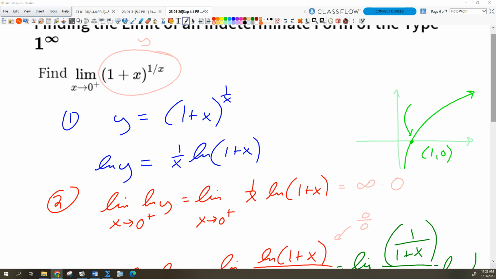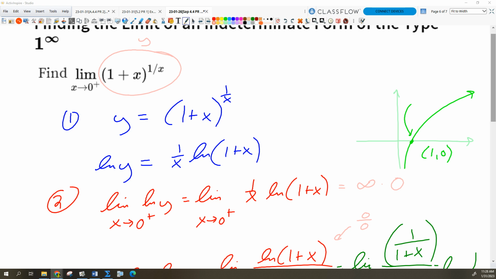Our goal here is always to manipulate this into the ratio form 0 over 0 or infinity over infinity. We have to do that to use L'Hopital's rule, because L'Hopital's rule is exclusively for evaluating limits with indeterminate forms 0 over 0 or infinity over infinity. That's it. It's limited to that, right?